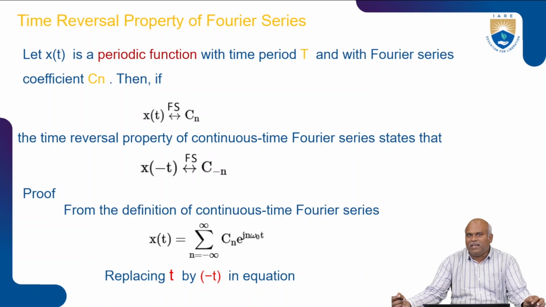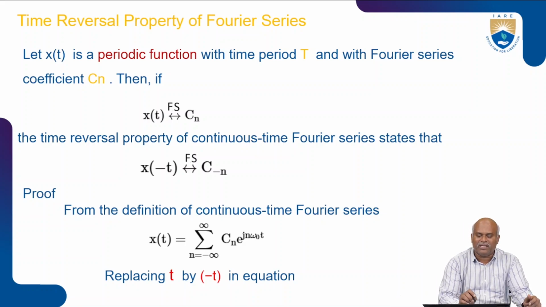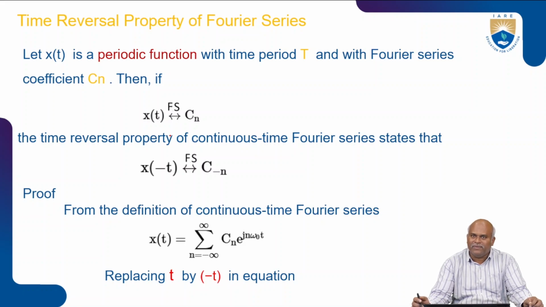So, we take x of t as a periodic function with fundamental period represented as a capital T. The Fourier series coefficient I write as C of n. Then, as per the Fourier series condition, x of t under the Fourier series produces the output C of n. At the same time, if you take the inverse Fourier series of C of n, you get x of t.